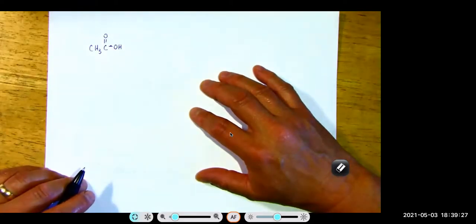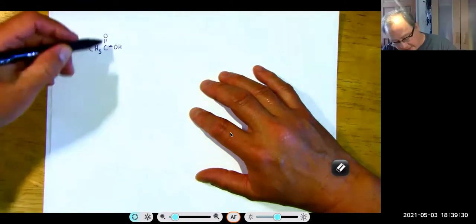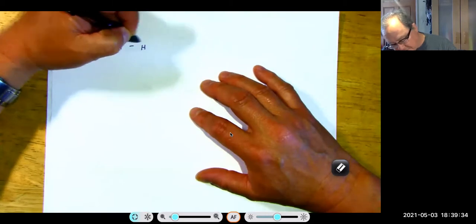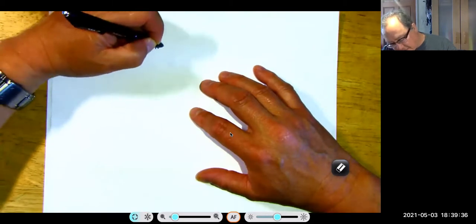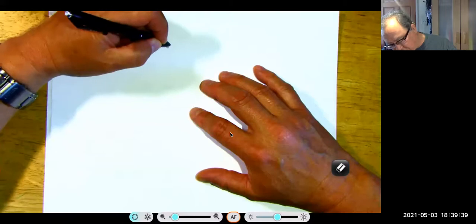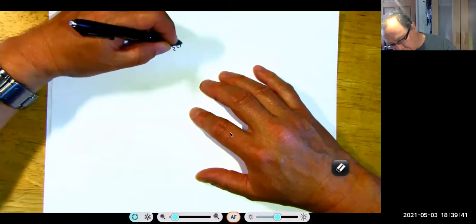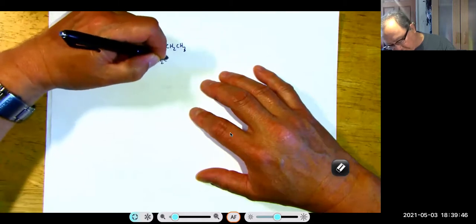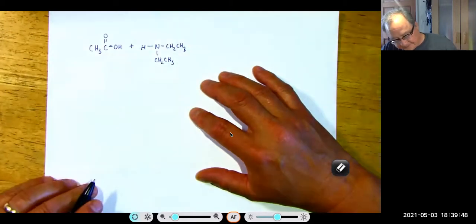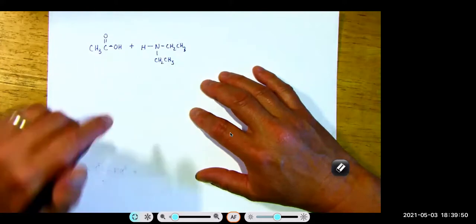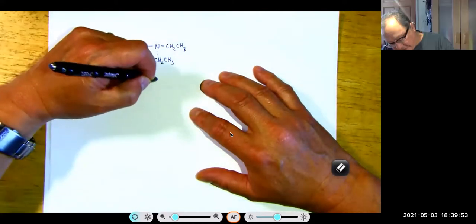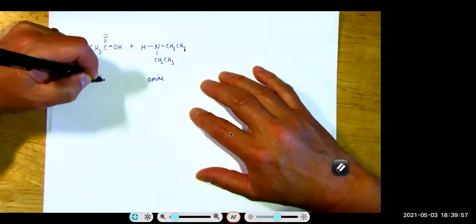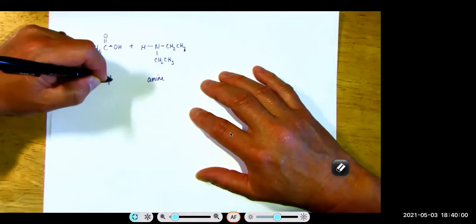A double bond and OH, yeah. Okay, and now I'm going to put an H here, and a CH2CH3 and a CH2CH3 down here. So you have two ethyls. Yeah, so this is diethylamine. Diethylamine, okay. The H and the N.